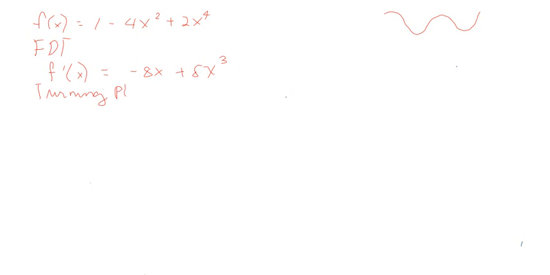So, we equate this function to 0, which is our slope. Now, negative 8x plus 8x cubed equals 0 will give us values of x, which are 0, positive 1, and negative 1.